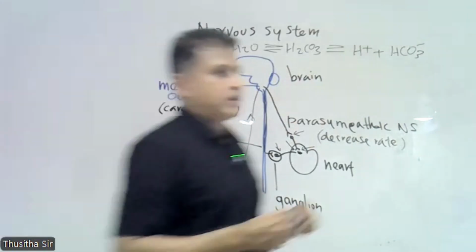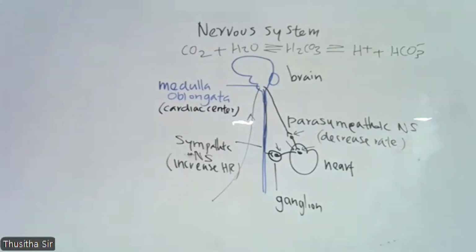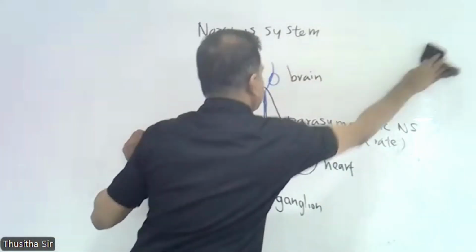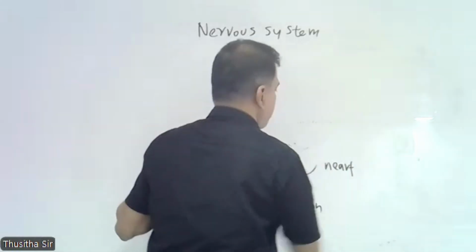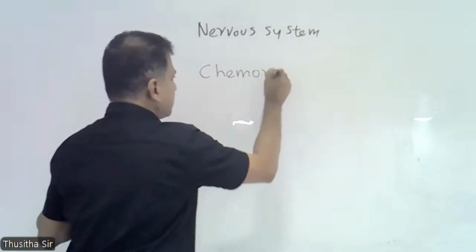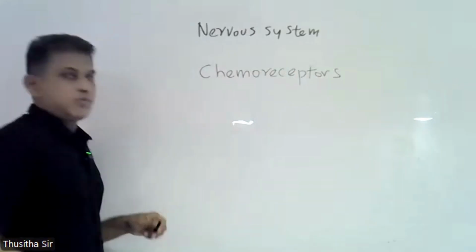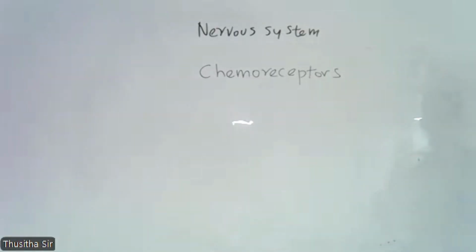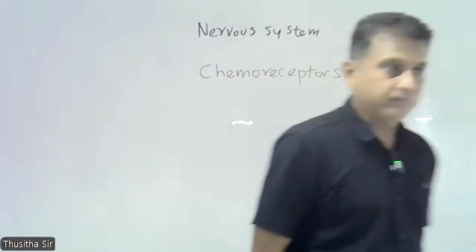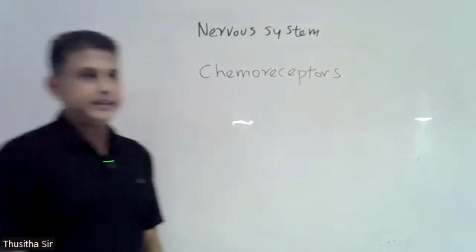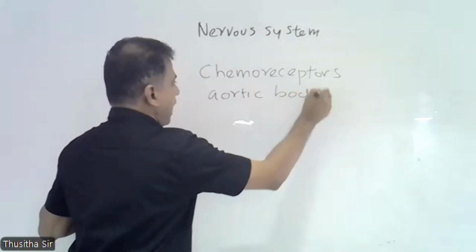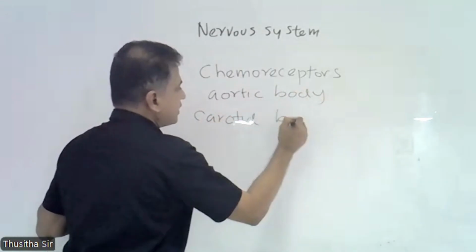Next point you can write: this change is detected by chemoreceptors located in the aortic body and carotid body.